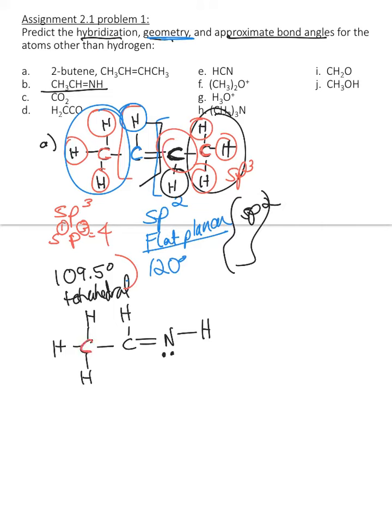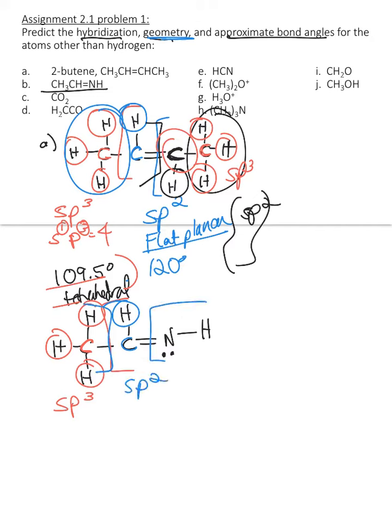Now this carbon here, once again, is connected to 4 things, so that's going to be sp3, 109.5 degrees, in tetrahedral. The next carbon, 1, 2, 3, so that's sp2, that's flat, planar, and 120 degrees. And then the nitrogen, you have to include the lone pair as like a leg or a thing because it's going to take up an orbital space.